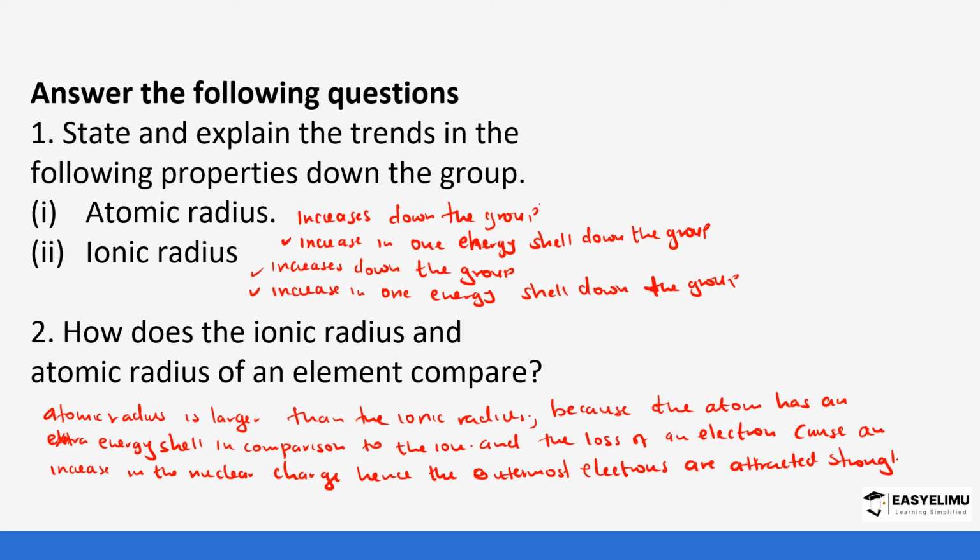So this gives us the two reasons why the ionic radius and the atomic radius are different, and why the atomic radius is larger than the ionic radius.